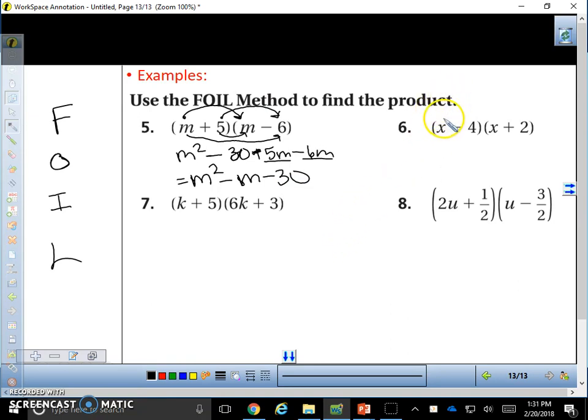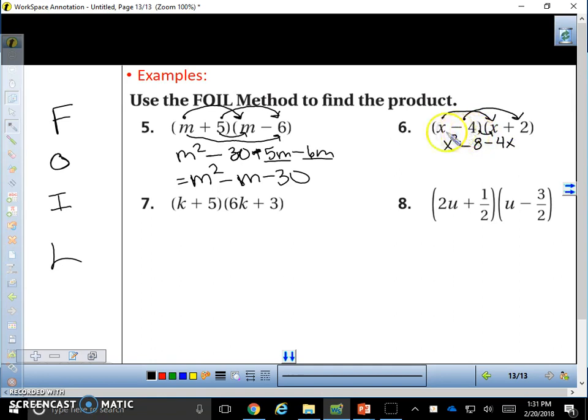Again, first to first, x times x, x squared. Outer to outer, negative 4 times 2 is negative 8. Inner, negative 4 times x, negative 4x.